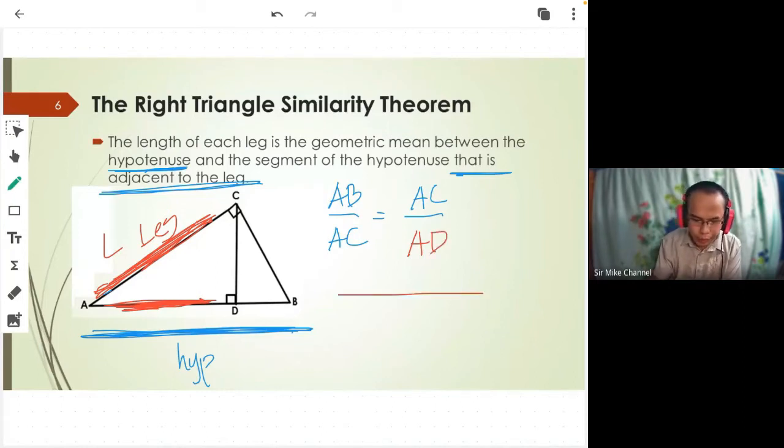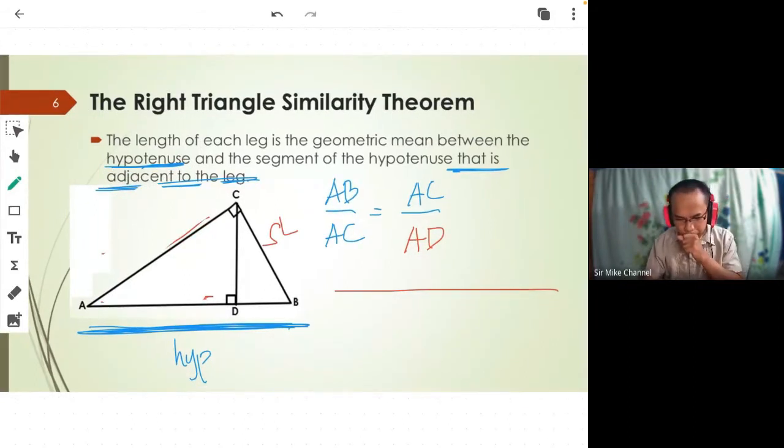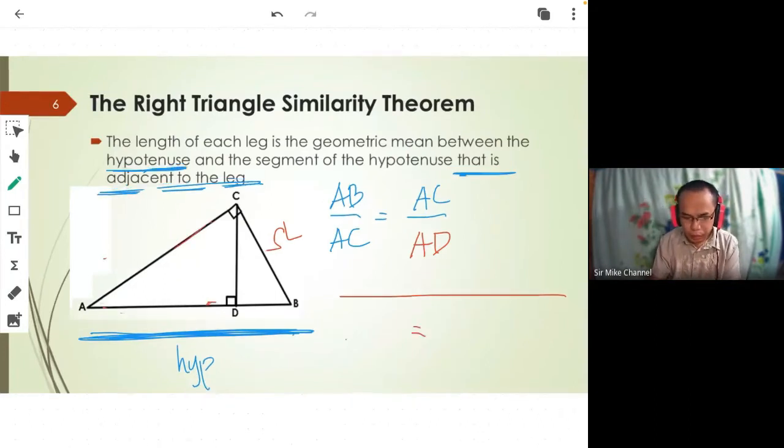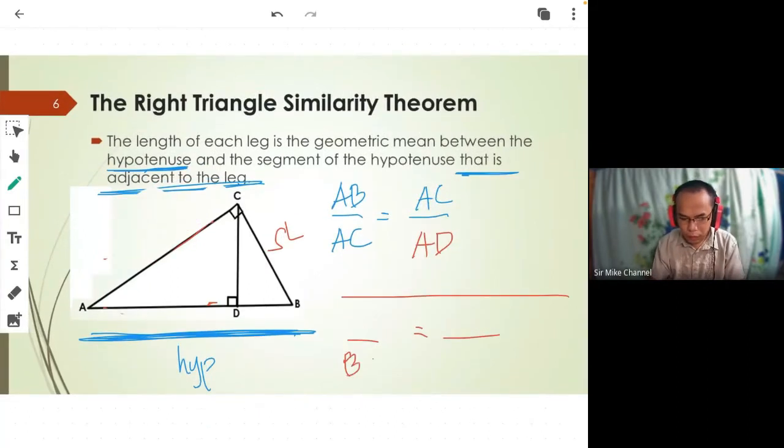Yung shorter leg naman. So yung shorter leg natin, ito yung shorter leg. So, shorter leg natin, gagawa tayo ng formula. So, anong line segment? Ito yung line segment BC or CB. So, BC. Ito yung BC sa taas, kabila.